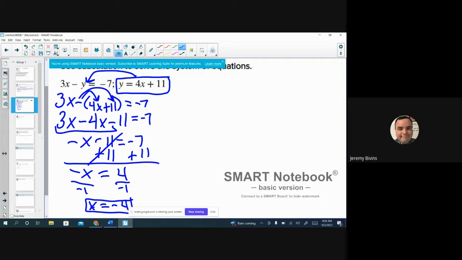So now, I usually suggest going back to the equation that has either the x or the y equals, just because it makes our work a little bit easier. But you could choose the 3x minus y equals -7, but for my preference, I use what I've boxed up there, because it makes our algebra a little quicker to find out what the y equals. So y equals 4x plus 11. I'm going to take the -4 I just got for the x and substitute that in.